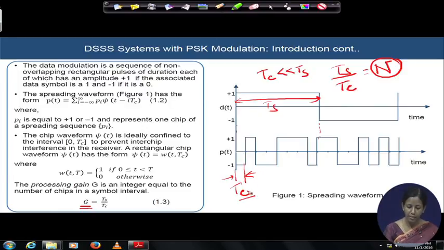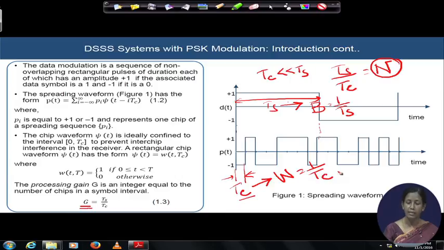As Tc is much less than Ts, let the corresponding bandwidth of Tc be W, and the bandwidth of the data modulation corresponding to Ts be B. Definitely B is equal to 1 by Ts, and W is equal to 1 by Tc.